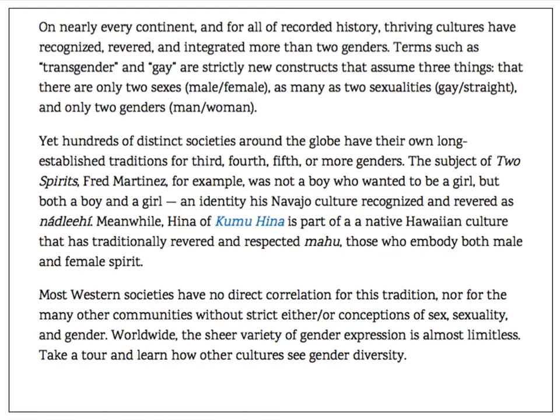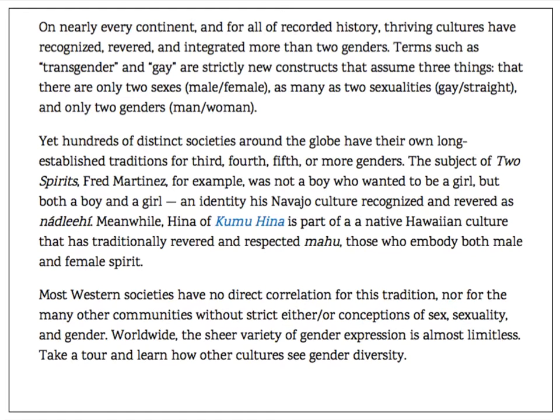Terms such as transgender and gay are new constructs that assume three things that are incorrect: there were only two sexes, and as many as two sexualities, and only two genders. Yet, and this is very important, hundreds of distinct societies and cultures around the globe have their own long-established traditions of third, fourth, fifth, or even more genders.